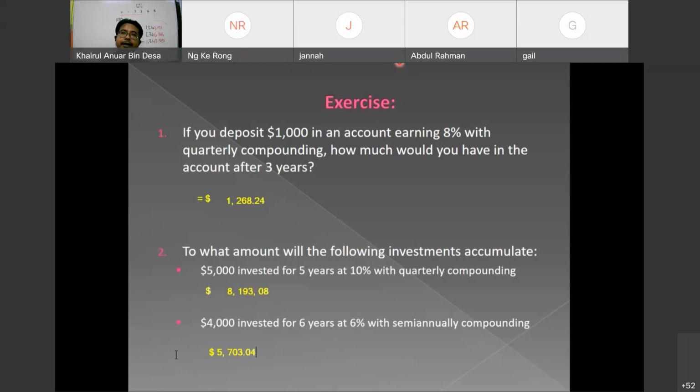And the other limitation of the table, as we see previously, the table cannot come with the result of 1 point something. The table only provides us the round number, 1, 2, 3, 4, 5, 6, 7.